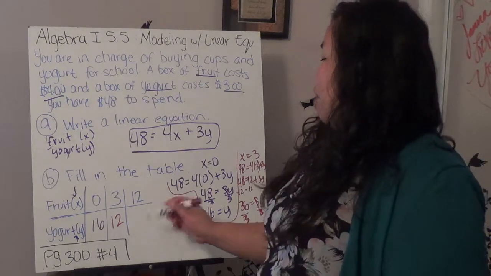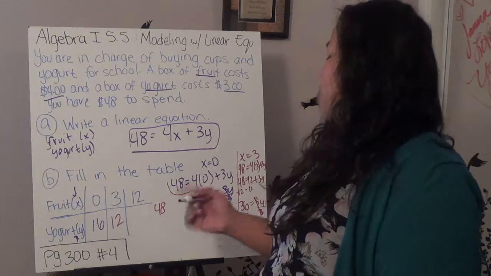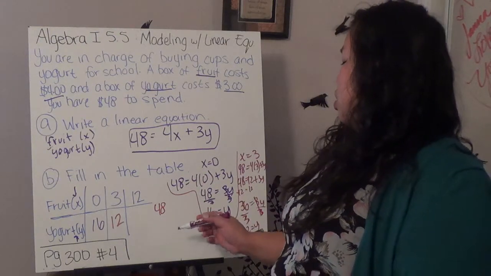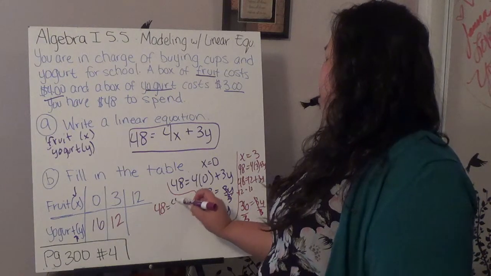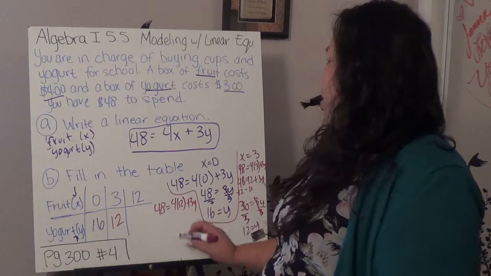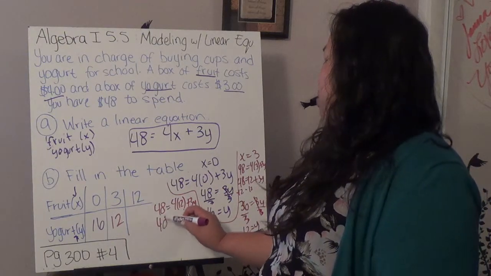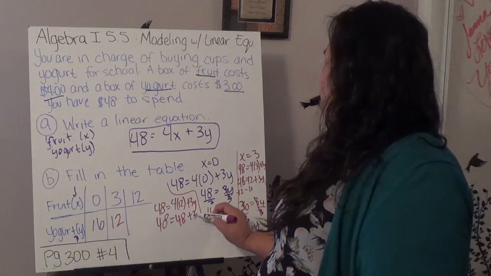Now, what happens if I buy 12 fruit cups? Well, I have 4 times 12 plus 3y. 4 times 12 equals 48, so 48 equals 48 plus 3y.